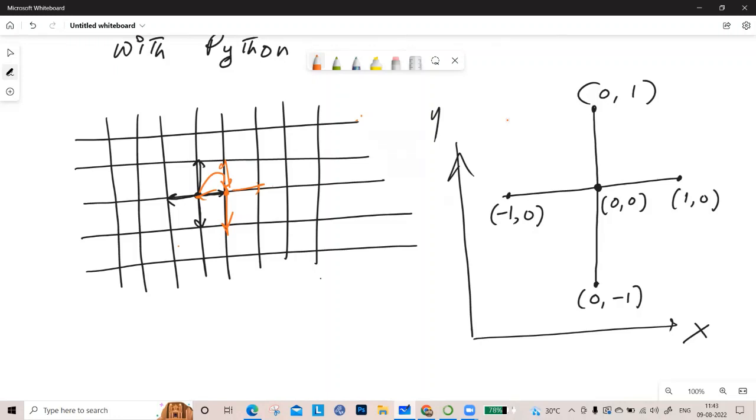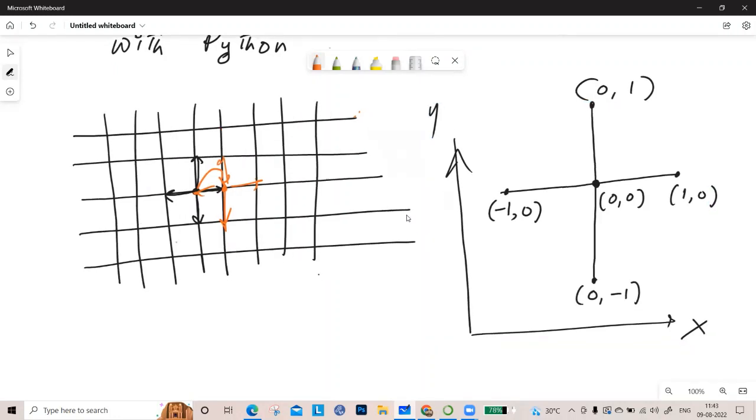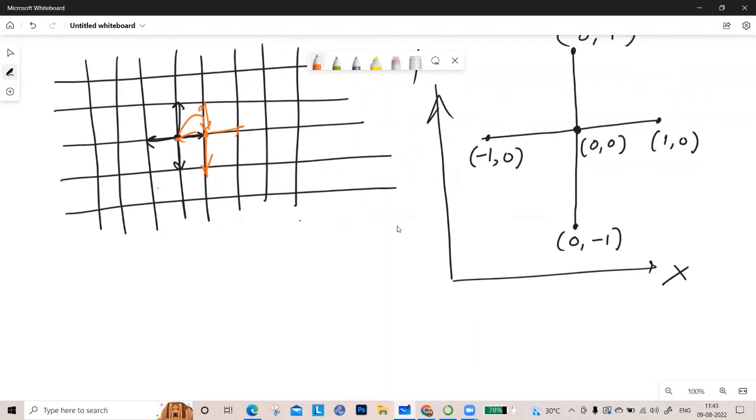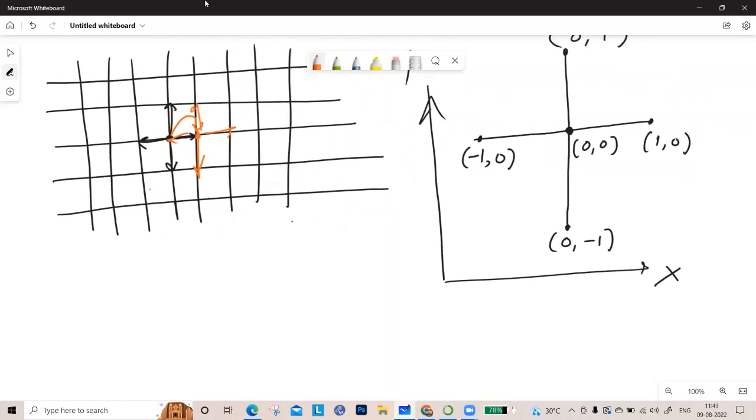This way we create the random walk map, and we analyze the random walk map. Basically, we want to calculate the end-to-end distance, and we'll see how it goes with step.